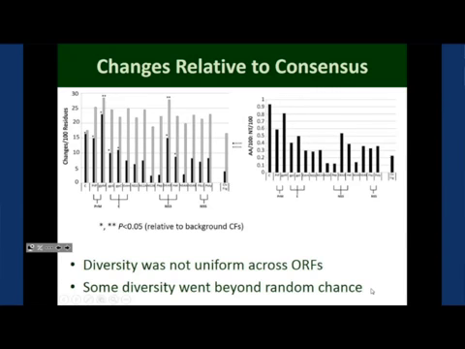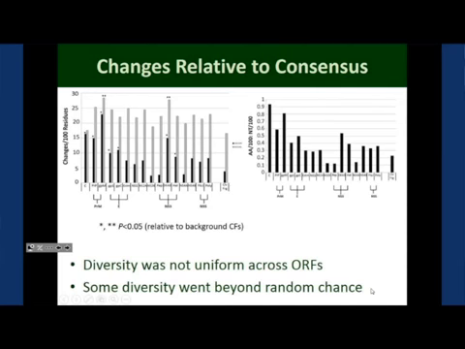So I'm going to walk you through what you're actually looking at here. When we generated our consensus sequence, we went through and counted how many nucleotide changes we found relative to consensus in any strain. Then we translated that entire polyprotein, and we had to look at one third the number of letters, but still a lot of letters.